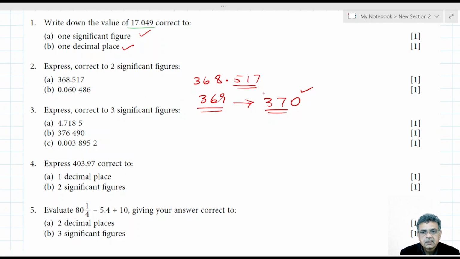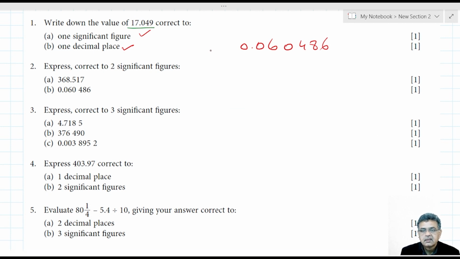Okay, second part is 0.060486. Now what about this one? That is correct to two significant figures. So 0.0, this 0 is leading 0, this is not significant, so first significant figure is this one, and since we have to round it off here to make two significant figures, but this is less than 5, so that will remain 0.